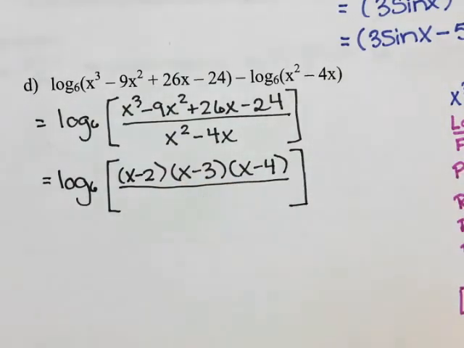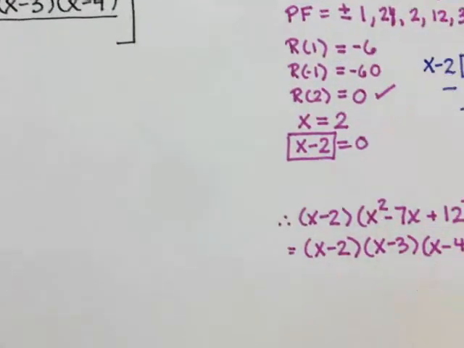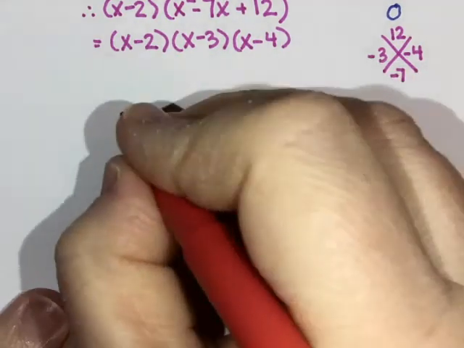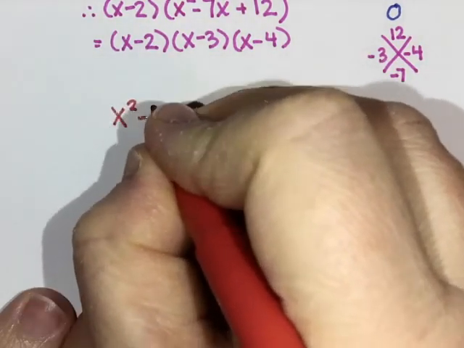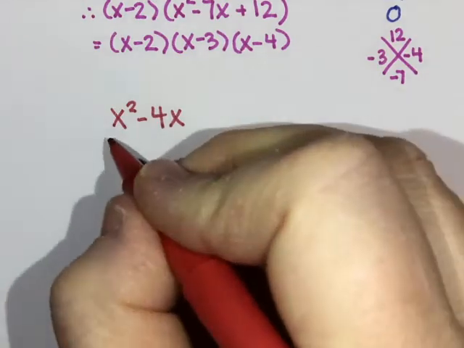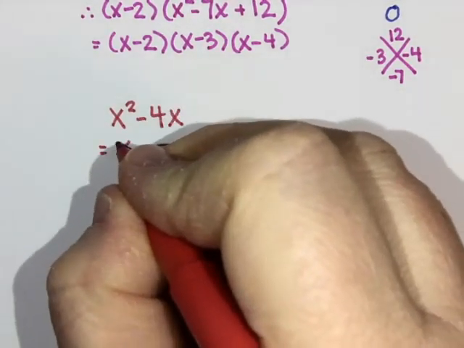On the bottom, I have x squared minus 4x. I'm going to go and factor that off to the side here. So I have x squared minus 4x. I have two terms. First thing I look for is a common factor. I do notice they both have an x.